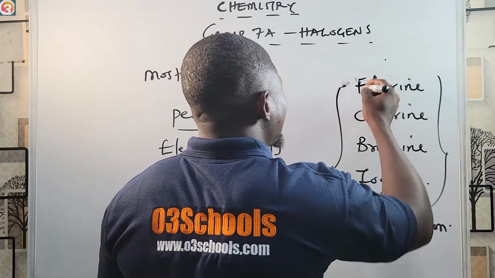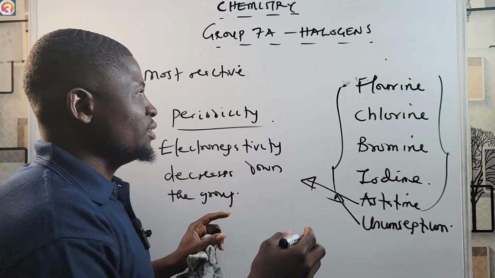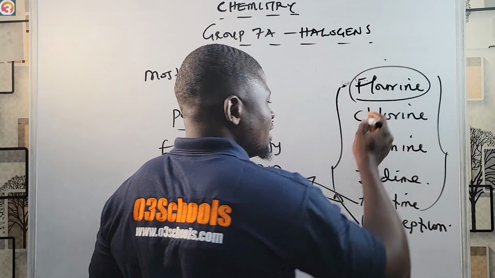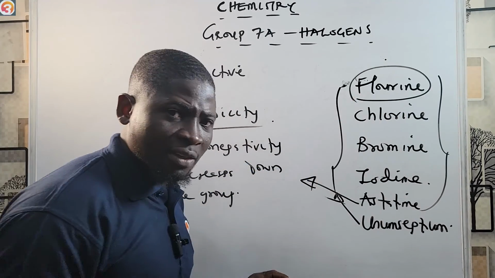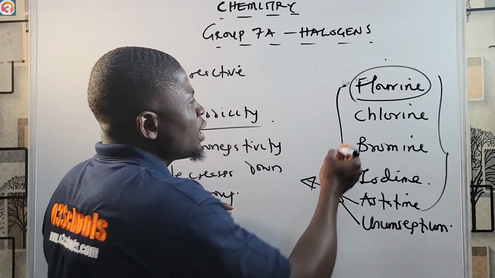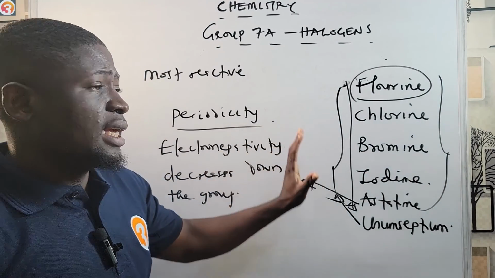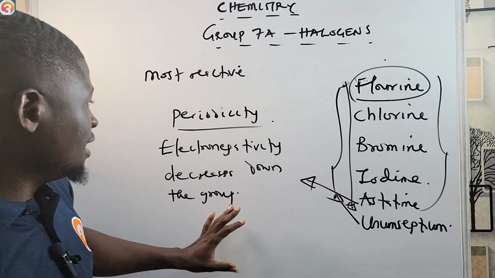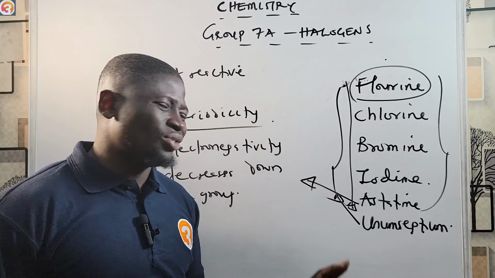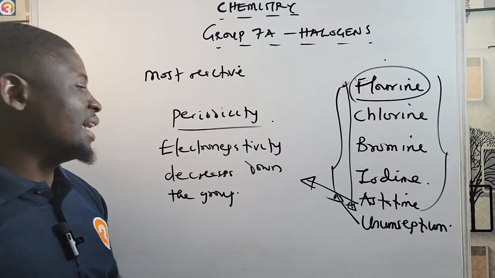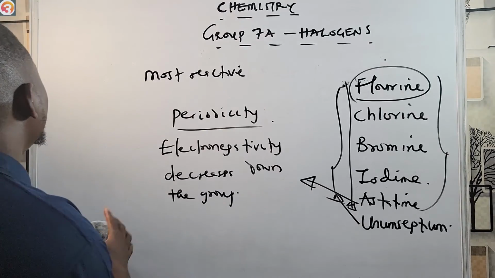Fluorine is the most reactive and the most electronegative. So will chlorine be more electronegative than fluorine? No. As you go down the group, they become less electronegative. Like I said, fluorine is the most reactive of them all, while astatine is the least reactive in the group.